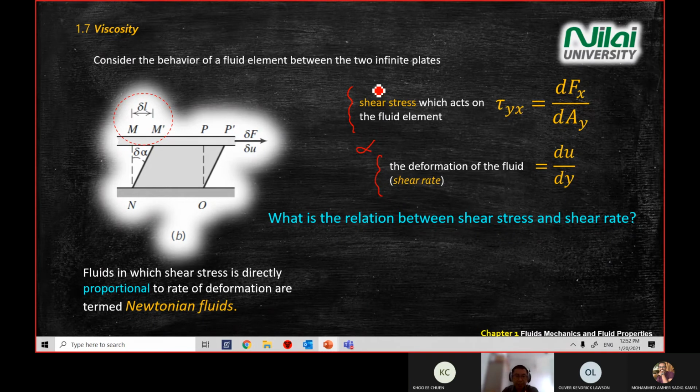The definition of Newtonian is when the material behaves in such a way where the shear stress is proportional to the shear rate. This means that if shear stress increases, shear rate increases. If you have this kind of behavior, then the material is a Newtonian fluid. So this is the definition.